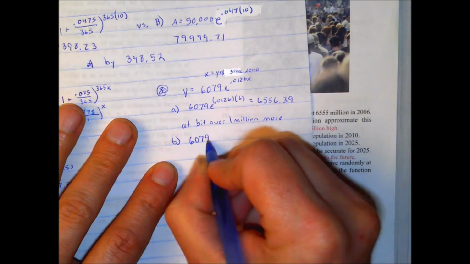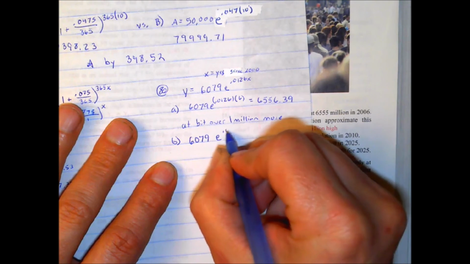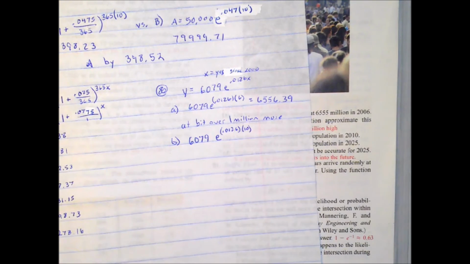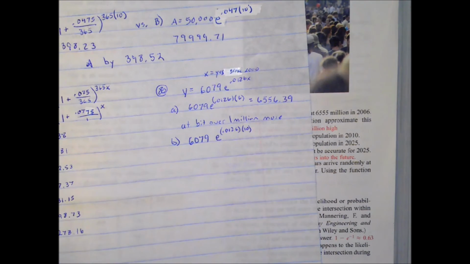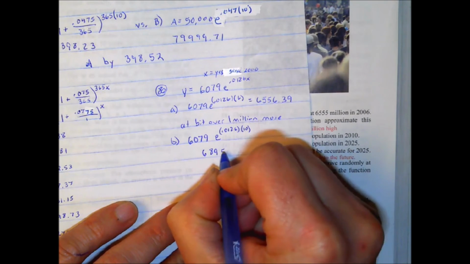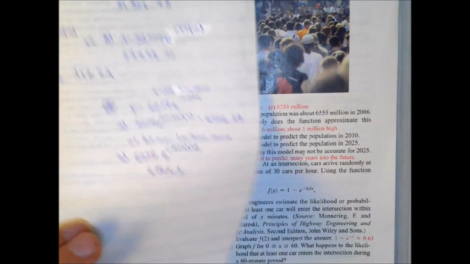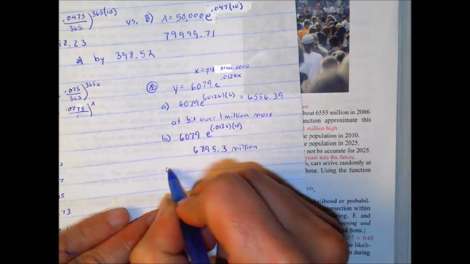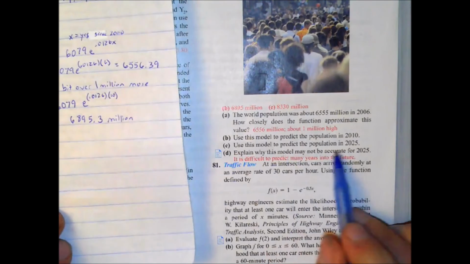So I would use this. 2010 would be 10 years later. So I plug a 10 into the equation there. I get 6895.3 million people. Part C, predict for 2025. I want to plug a 25 in there.